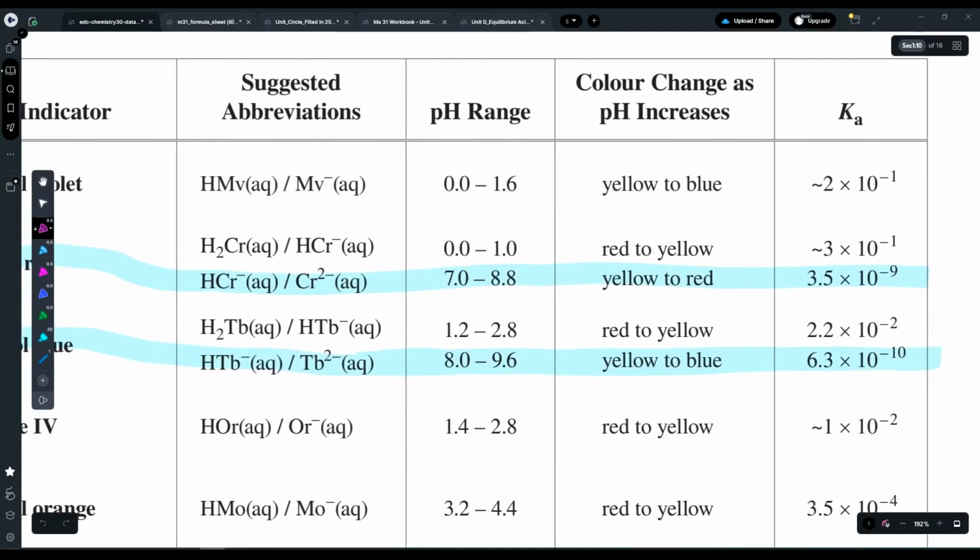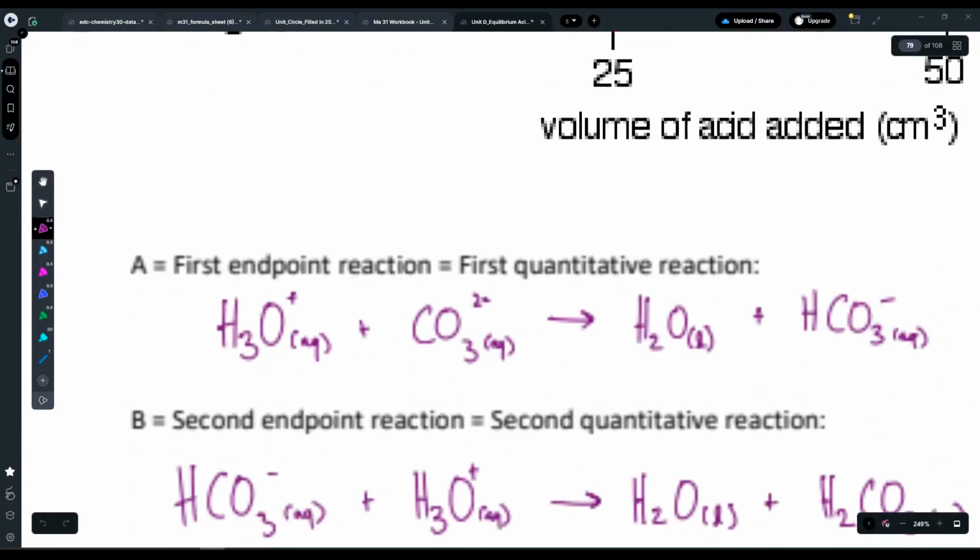So 10.9 is above a pH of 8.8, so that means cresol red is going to be red starting out. But then the endpoint is at a pH of 8.4, so that's in the middle of the range. So the color is going to be the in-between color. The in-between color between yellow and red is going to be orange. So it's going to go from red to orange.